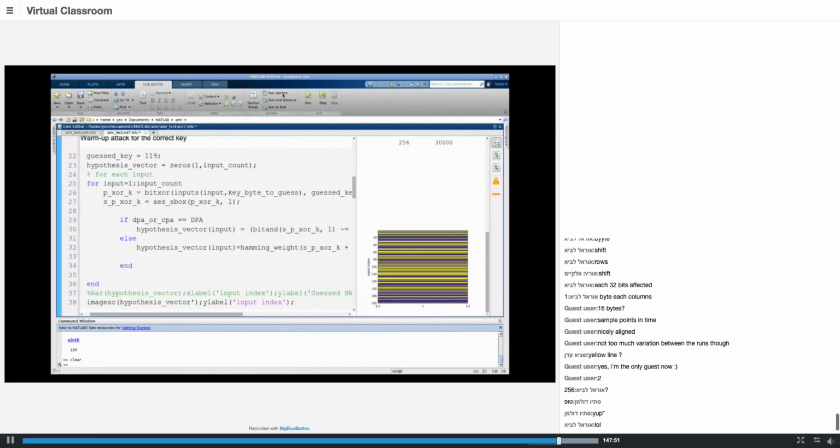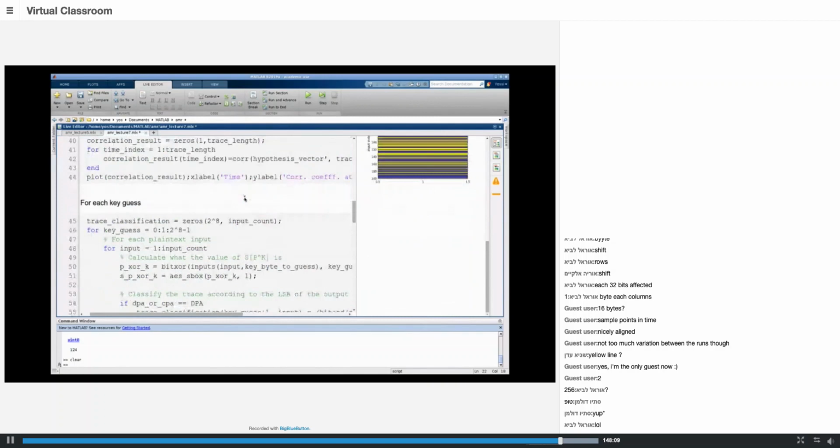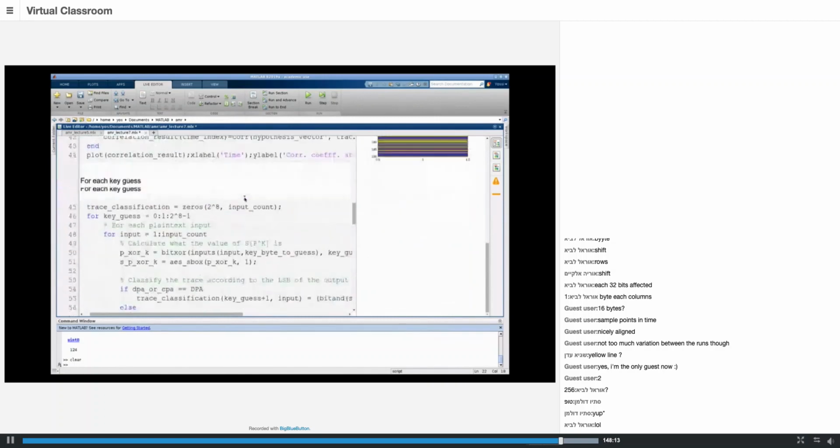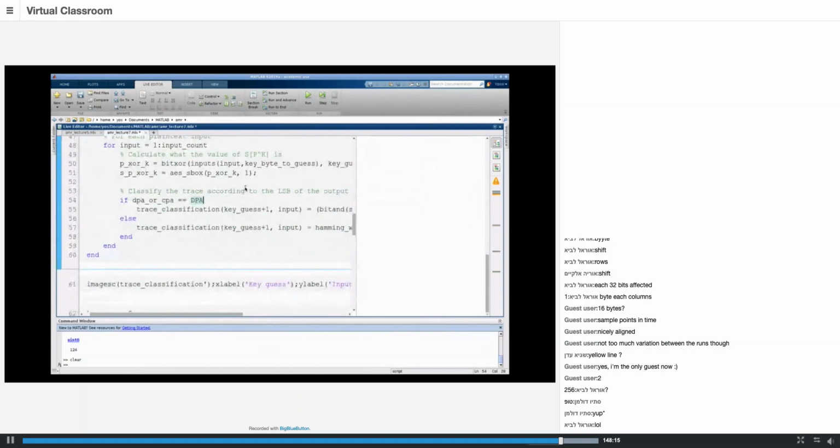Each of the guesses gives me a way of splitting my traces into two piles, the yellow pile and the blue pile. I have 256 different ways of guessing. So now I need to do this for my 256 different key guesses.